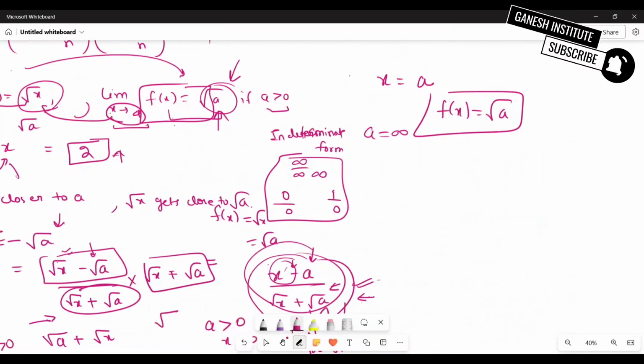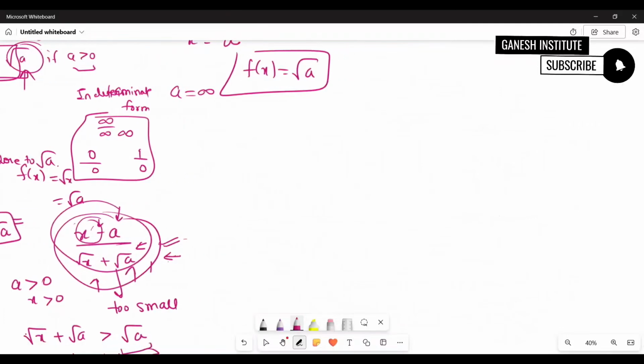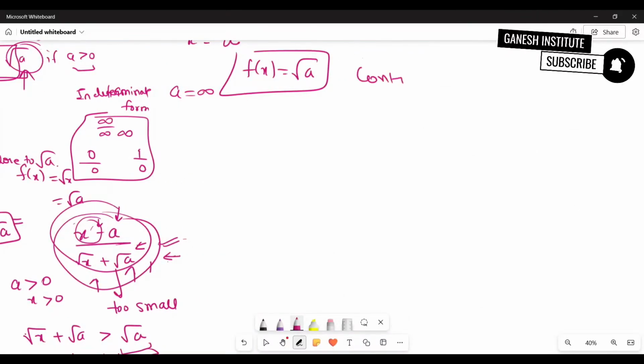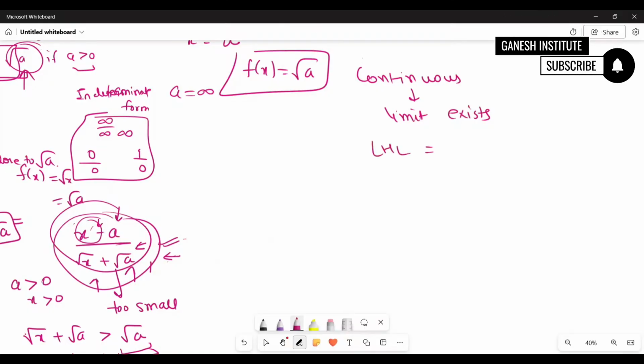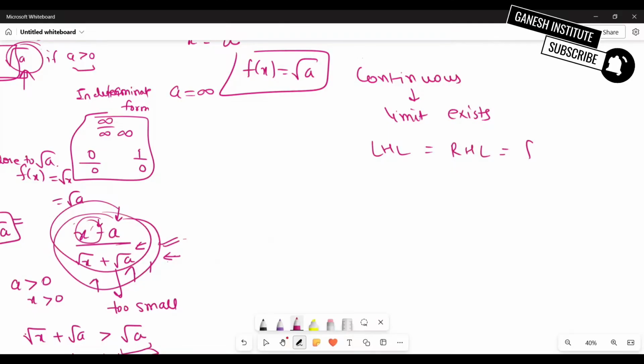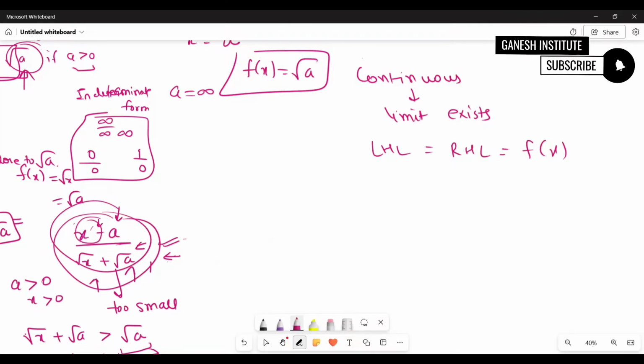Yes, this is one way of doing it. Otherwise, you could give this reasoning also. As you know, for a continuous function, the limit exists. What does it mean? That the left hand limit is equal to the right hand limit is equal to the function itself. The square root function is a continuous function.